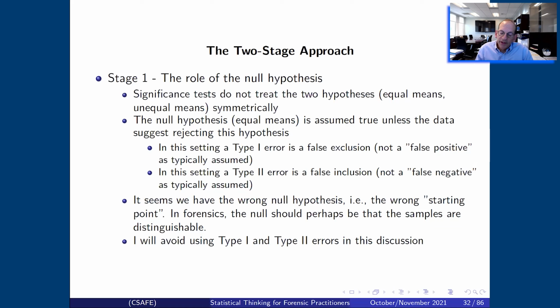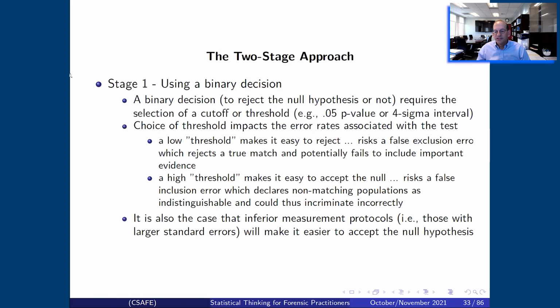I would argue, and others have said this to me as well, we basically have the wrong starting point, don't we? We don't necessarily in forensics want to start by assuming the null hypothesis of same matching sources is true. We want to start by assuming they're distinguishable and then maybe get good enough evidence to reject that. So that's the first conceptual problem.